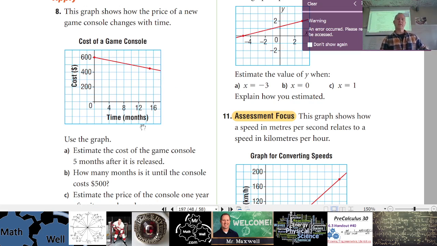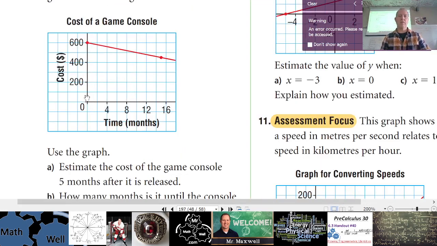So estimate the cost of the game console 5 months after release. So this is time in months after release, and so I go over to 5, and you have to be careful with the scaling here. It looks like each square is 2 months, right? So 2, 4, 6, 8, and so on. So where's 5? Well, 5 is between 4 and 6, so you've got to go right in between there.